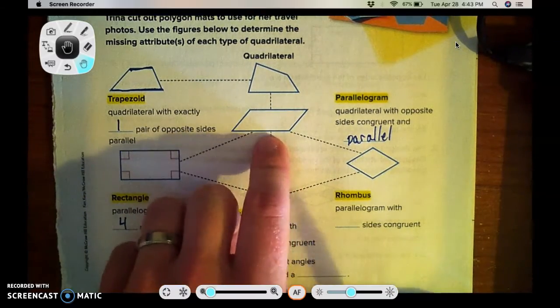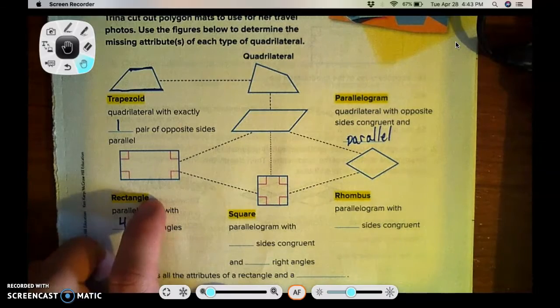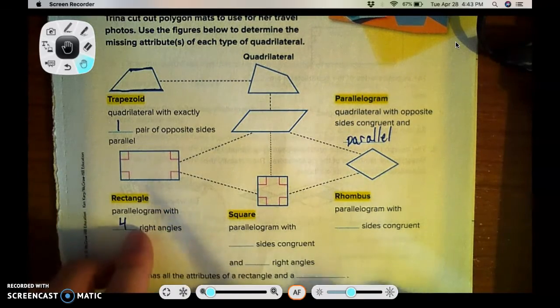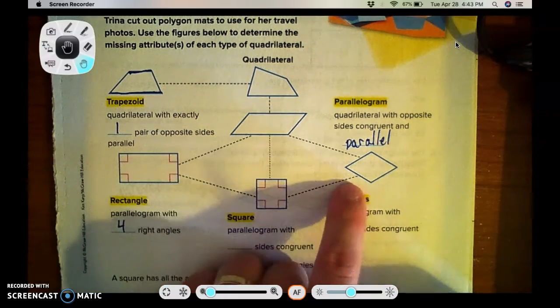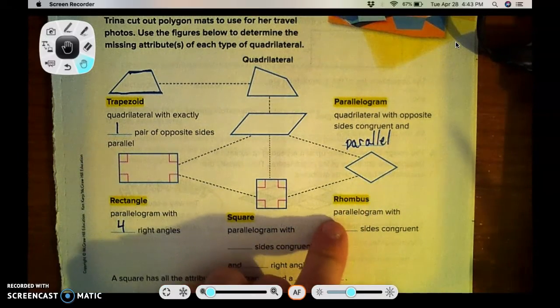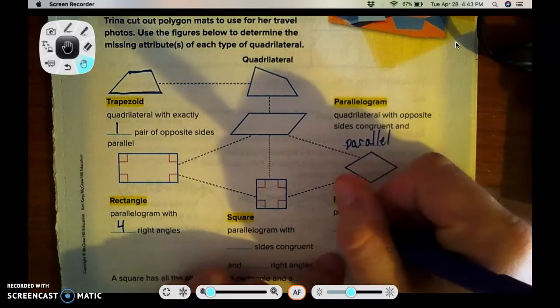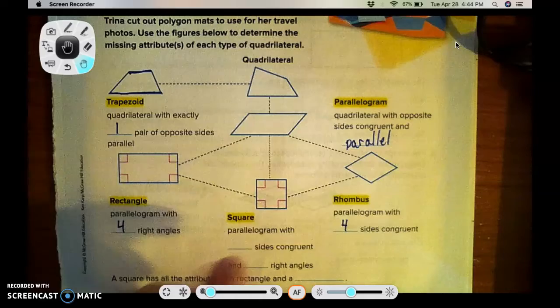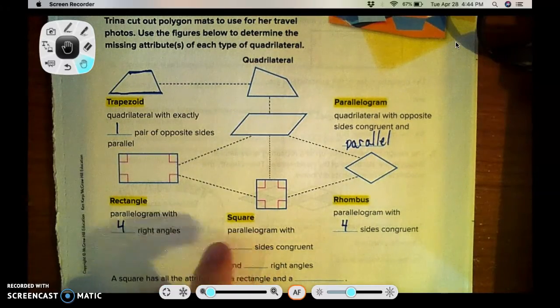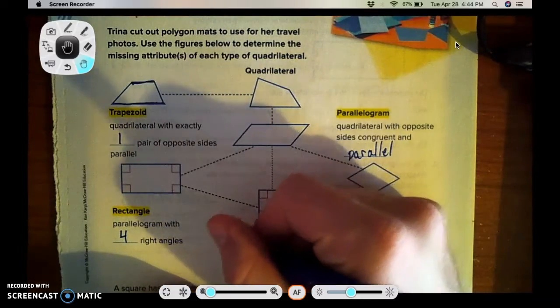Within parallelograms, you have rectangles because the opposite sides are congruent and parallel, but a rectangle also has 4 right angles. Within parallelograms, you also have rhombuses, which is a parallelogram with 4 sides congruent, but again, not right angles. And then you have a square, which is a parallelogram with 4 sides congruent.